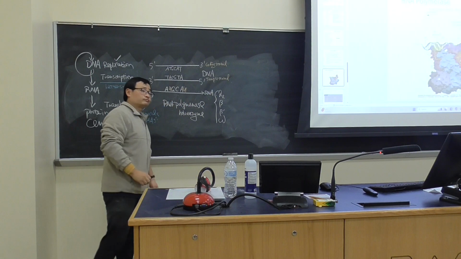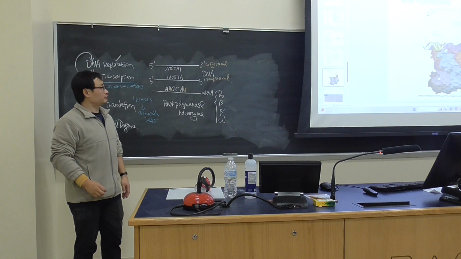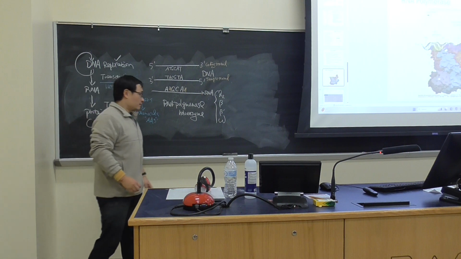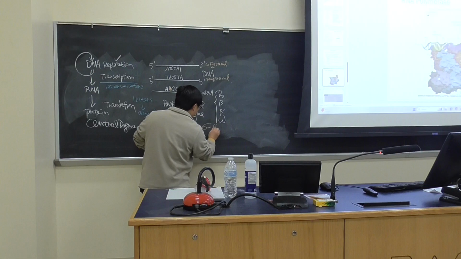There are 5 subunits: 2 are alpha, one is beta, one is beta prime, and another is omega. But more important for the RNA polymerase, there is a sigma factor.